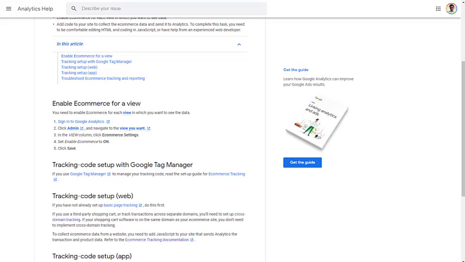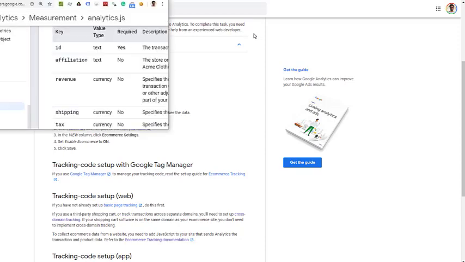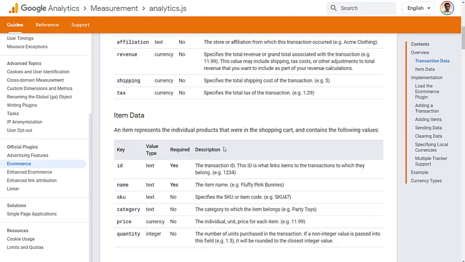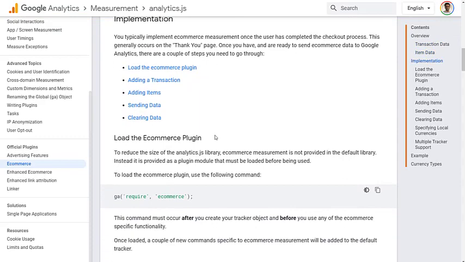We need to understand what exactly we need to do. I will show you some sample script so that you know how the code is going to look in the backend. I don't expect that you will be writing this code, but you should at least know what it looks like.